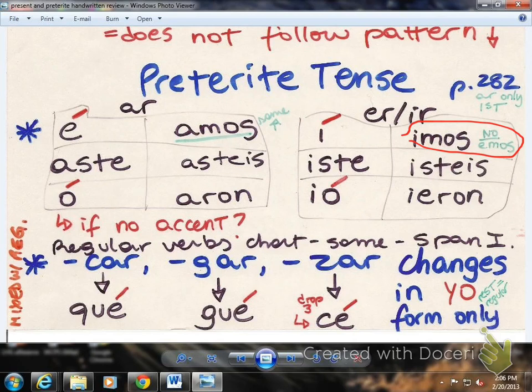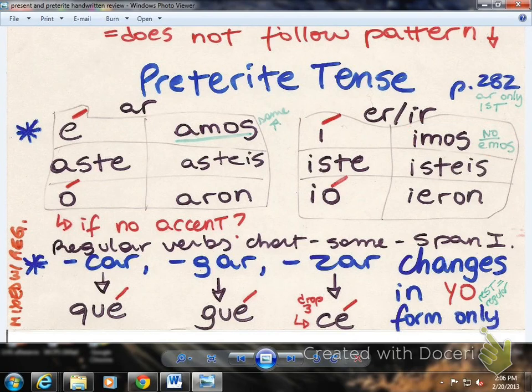So you don't even have to worry about something slash something. It's the same exact box. I with an accent, ISTE, IO. Make sure that accent's on the O, not on the I. Then IMOS and IERON. Not ERON, not IRON, IERON for both. Anything plural that's not nosotros. Okay.